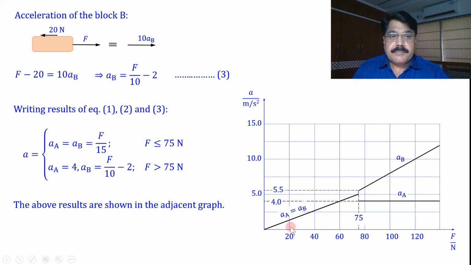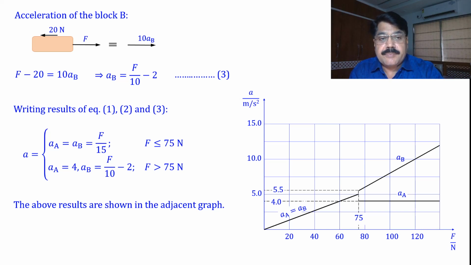So in this way, we have explored all the possibilities. Now, as I had told you earlier, in the problem, instead of asking for a graph, it may ask for acceleration of blocks at a particular value of F, or it may ask at what value of F sliding between the blocks will initiate.